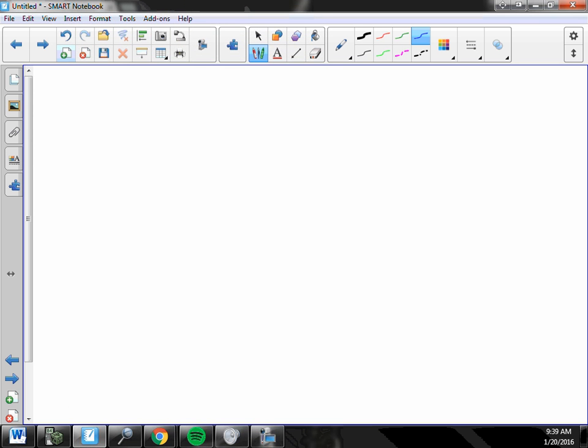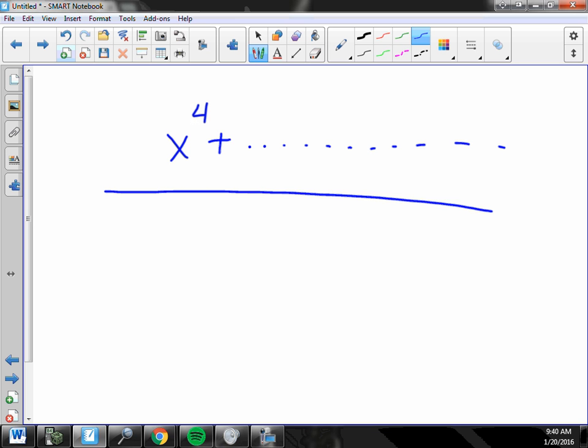And horizontal asymptotes are really easy. Okay? The horizontal asymptotes are created by dividing the leading term on top by the leading term on bottom. So if I have x to the 4th plus a lot of stuff that doesn't really matter, and 2x to the 5th, none of that stuff after the leading term will affect the horizontal asymptotes.